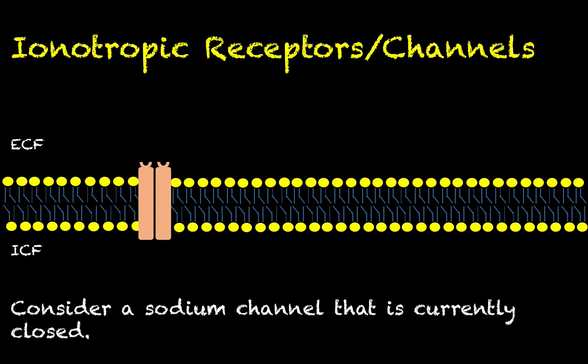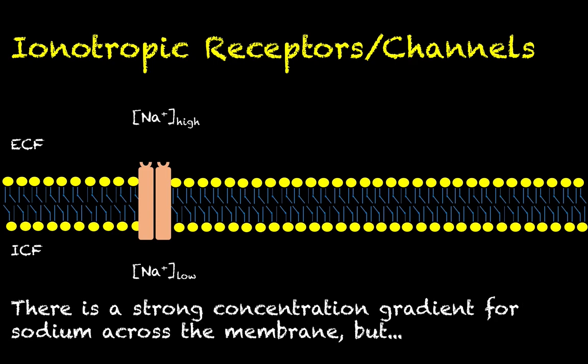So look at this situation here. This is a sodium channel right here. You'll notice that this sodium channel is currently closed. Now, we, of course, know from previous lessons that there exists a very strong concentration gradient for sodium across the membrane, in which sodium is maintained at a relatively high concentration in the extracellular fluid and a relatively low concentration in the intracellular fluid.